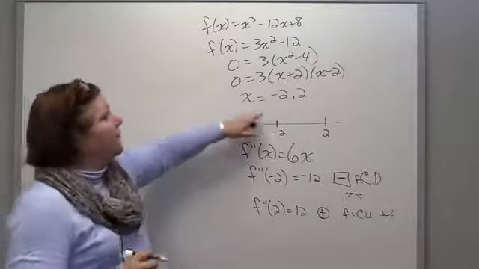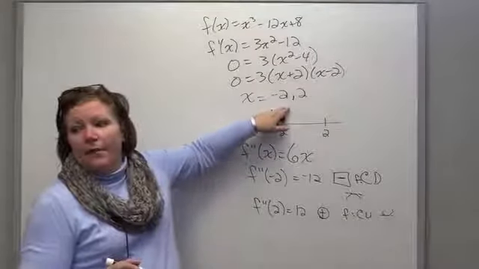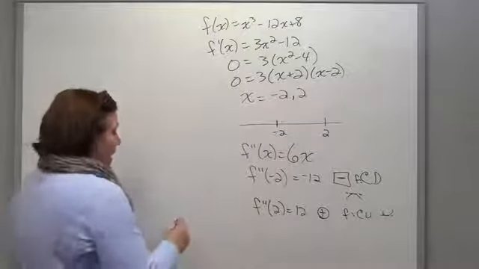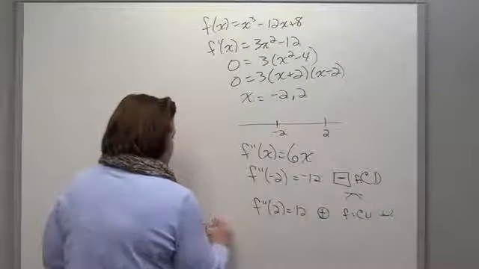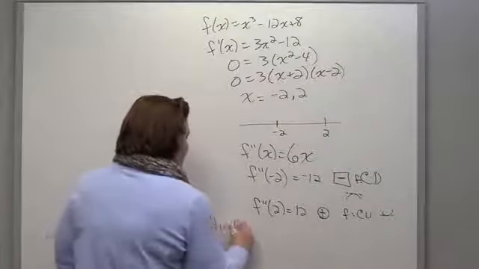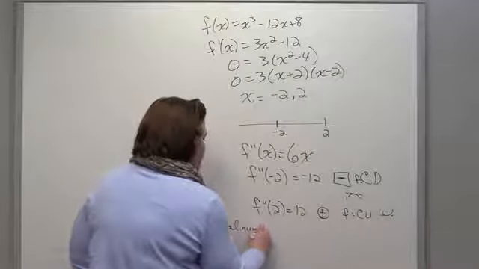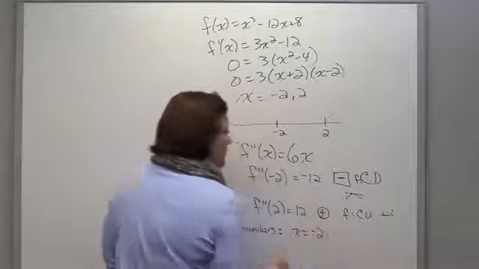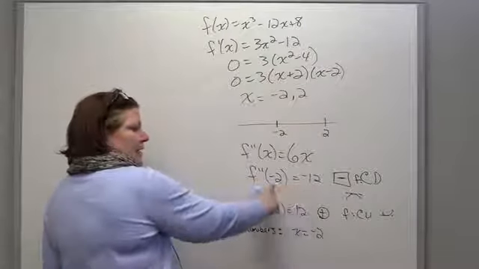So for our critical points, I'm just going to look at the x values right now, and I'll call them critical numbers. We have x equals negative 2. What did we say at negative 2?